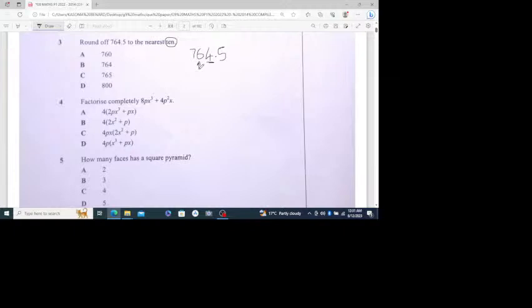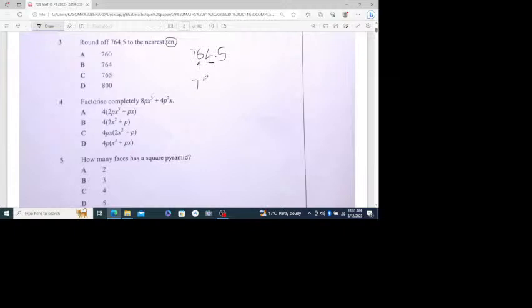When we add 1 to 6, we write 7 in advance. Then I ask myself, is 4 greater than or equal to 5? The answer is that 4 is less than 5, so we add 0 to 6.